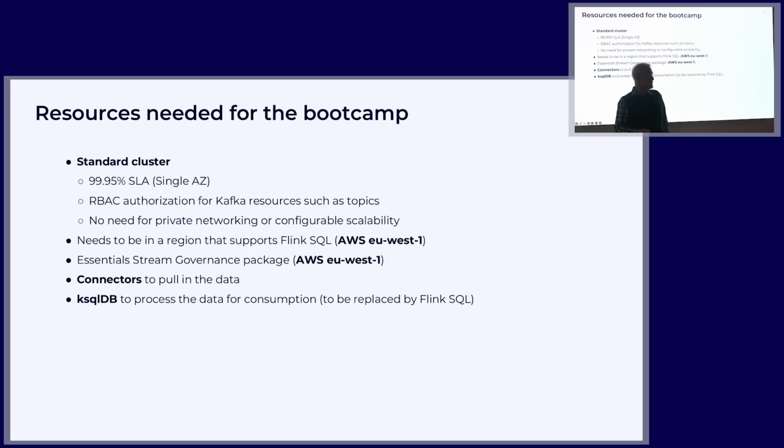It needs to be in a region that supports Flink for the future. Certainly we're going to do Flink stuff in that. Fortunately, Flink is coming more and more online in every single region as well. I need an essential stream governance package, what that is in a moment. A bunch of connectors, and then currently I'm using ksqlDB to process, or pre-process, the data, and you'll see in a moment why.